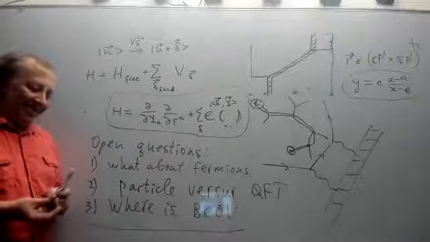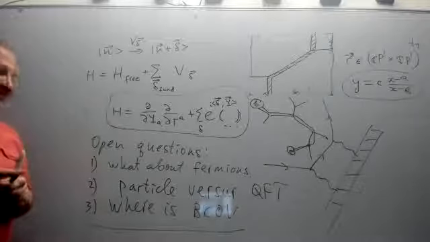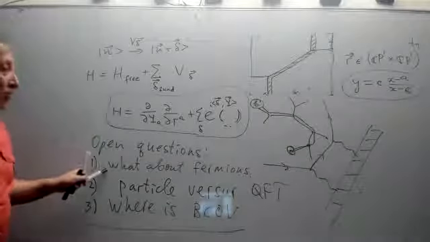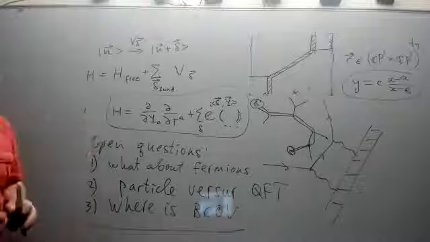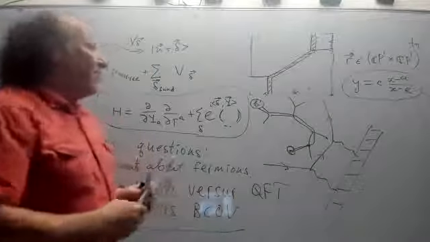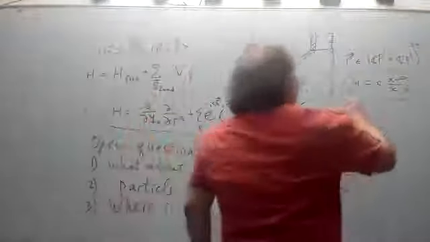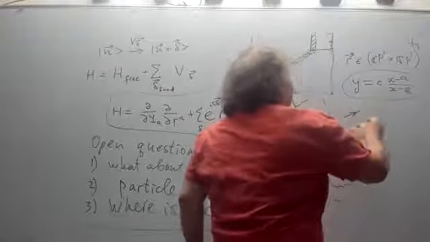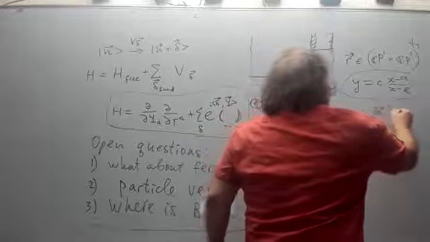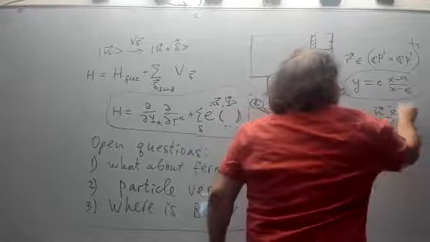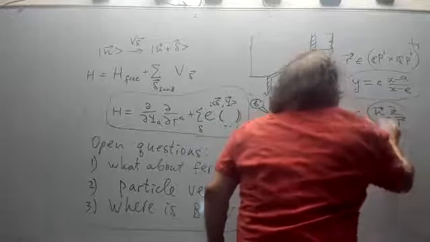Yes, although actually I don't understand question one. I understand the other questions, but question one. What about fermions? Question one was, so while I was writing it like this, I was thinking that I go this way, that things are like this. So it is Lie derivative, yes?